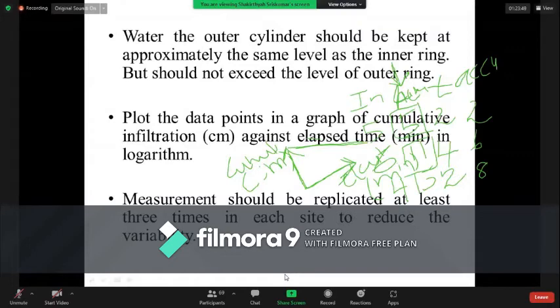Then double click on the x-axis and it will give some options. At that time, you can click logarithm. Then the elapsed time is automatically changed into log elapsed time. Likewise, you can change the cumulative infiltration into log value, and it will give a graph like this.